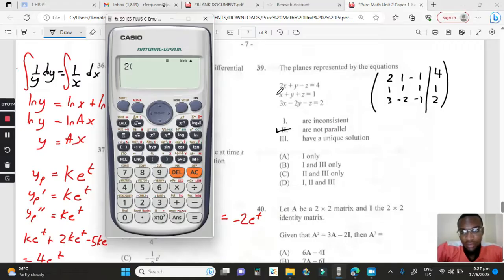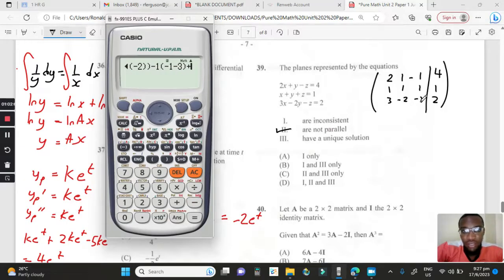So 2 times 1 times minus 1. Then we subtract 1 times negative 2. Then we have minus 1 times, cross out the row and column with the 1 in it, 1 times minus 1 is minus 1. Subtract 3.